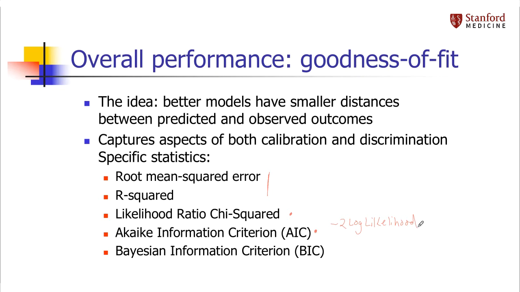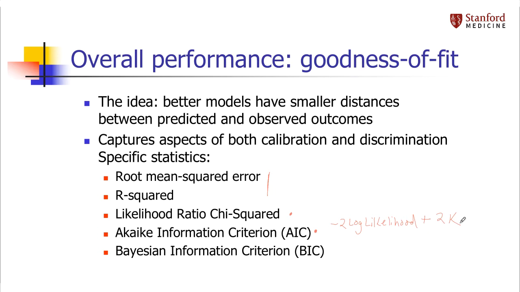And when the probability of our data is high, the -2 log likelihood will be lower. So we actually want a smaller -2 log likelihood. We can't directly compare log likelihoods from two different models that have different numbers of parameters, however. And so all the AIC does is add a penalty for the number of parameters in your model.